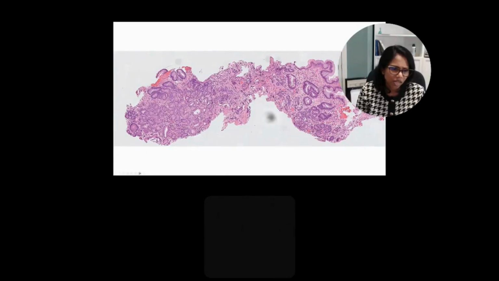You can see that you have pseudopyloric metaplasia and some glands peeking out of pancreatic heterotopia together with intestinal metaplasia. I thought it was just a nice image to illustrate the presence of neuroendocrine tumor with atrophic gastritis.